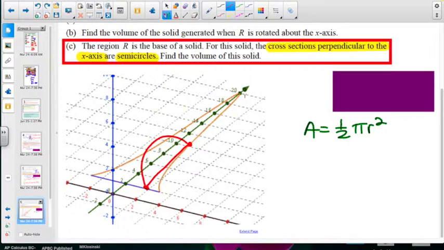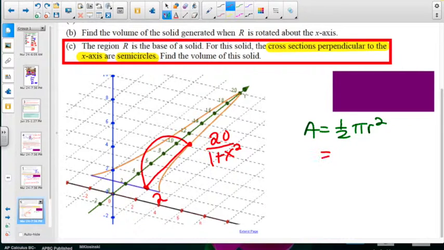Okay, this top point is what? 20 divided by 1 plus x squared. The bottom dot is what? 2. Now, here's the tricky part. This is the radius. If I subtract these two and I get the distance between those 2 points, I found a diameter.